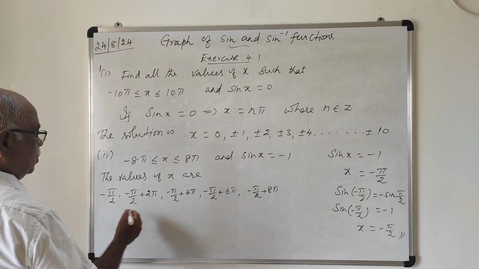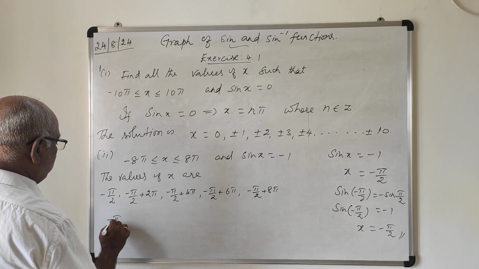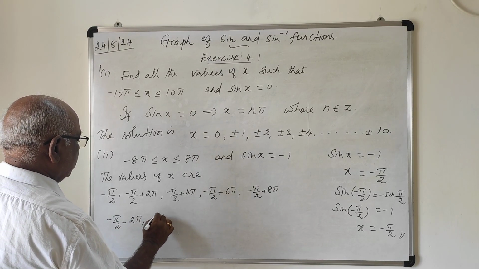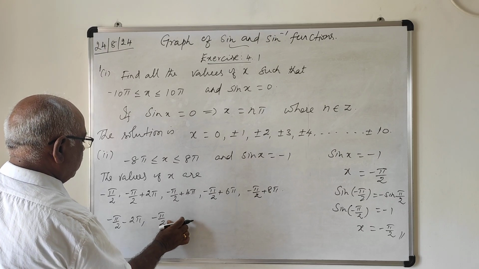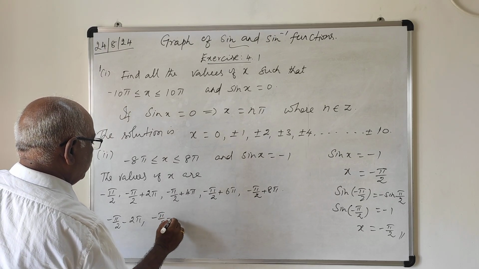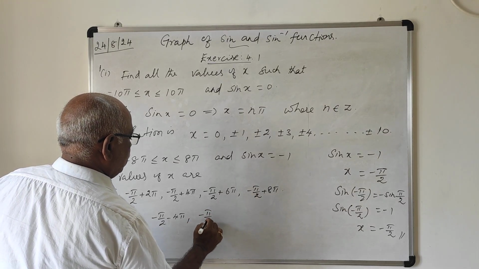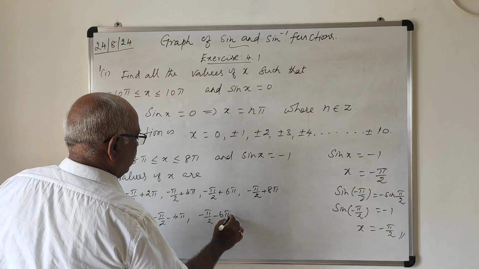And then minus pi by 2 minus 2 pi, again minus pi by 2 minus 4 pi, and minus pi by 2 minus 6 pi only.